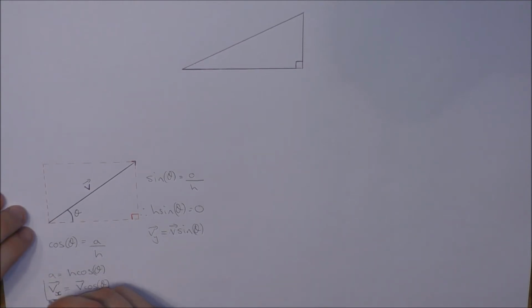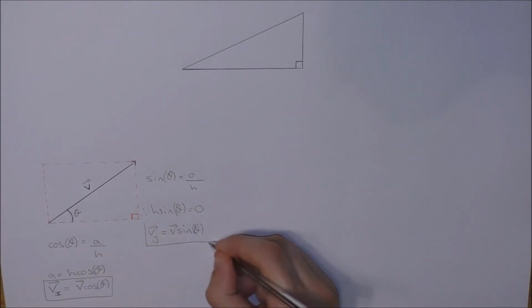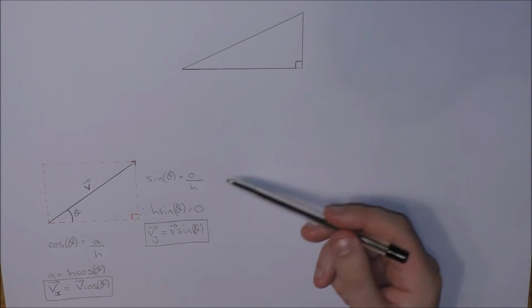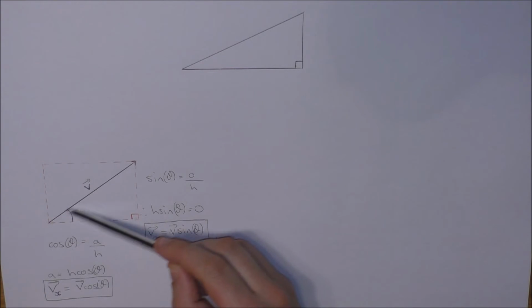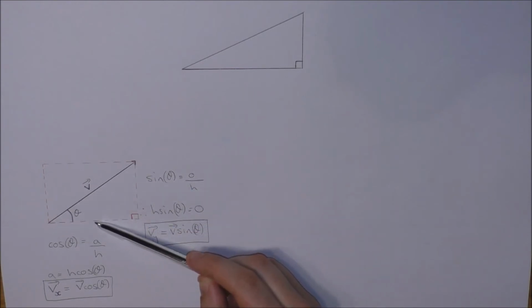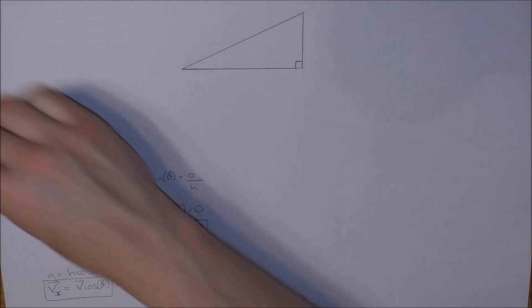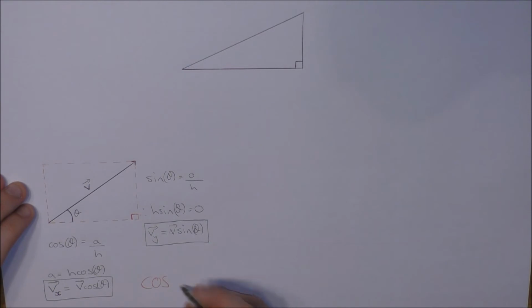So this one gives us a horizontal velocity, and this one gives us how quickly it's gaining in height. A really handy way to remember these: if I want to resolve the vector this way, I'm going through the angle. So we can say cos, you go through the angle.